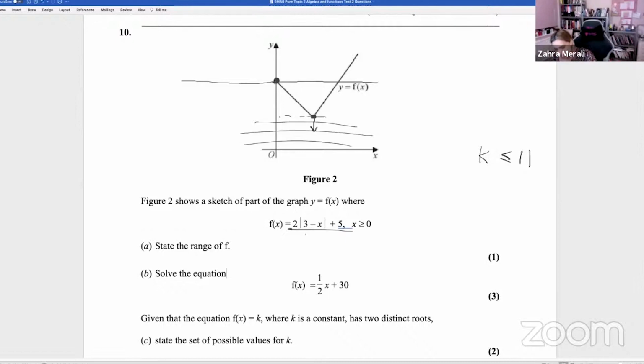So it's definitely not crossing twice. So that minimum point we know is 5. So we know it needs to be bigger than 5, but less than or equal to 11. So it can't equal 5 because at that point it only crosses at 5. That's the minimum point. It can't be, so it has to be bigger than that, but less than or equal to 11.